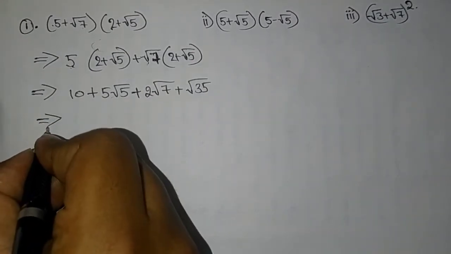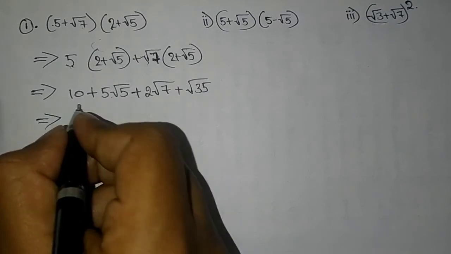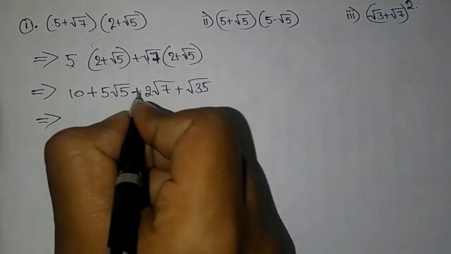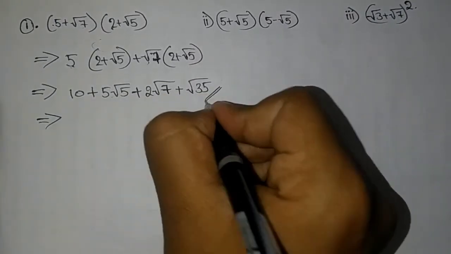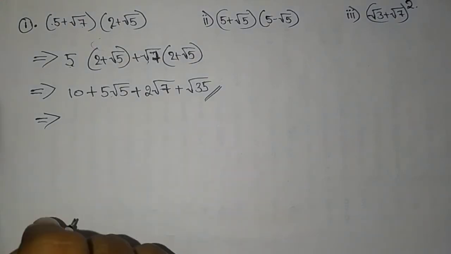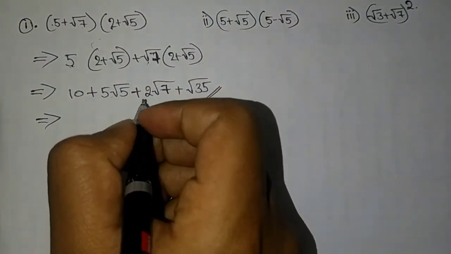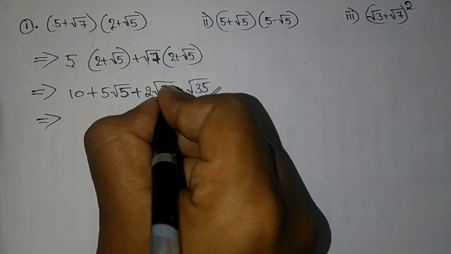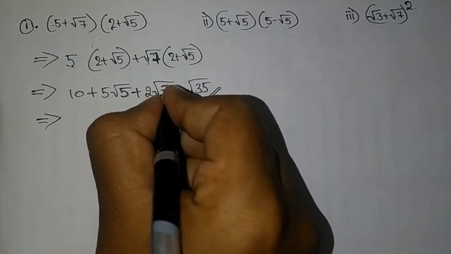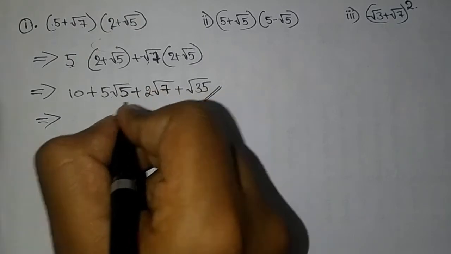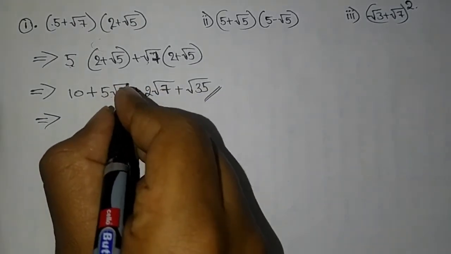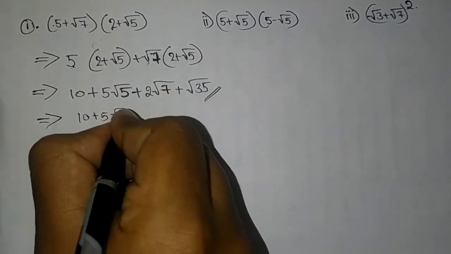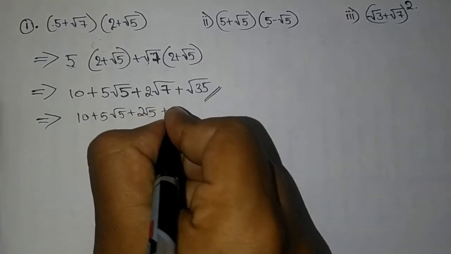Now this is our answer. See, I need to tell you something. I am going to teach you a concept of like addition. Assume there is a root 5 here instead of root 7, and here also root 5, suppose 10 plus 5 root 5 plus 2 root 5 plus root 35.